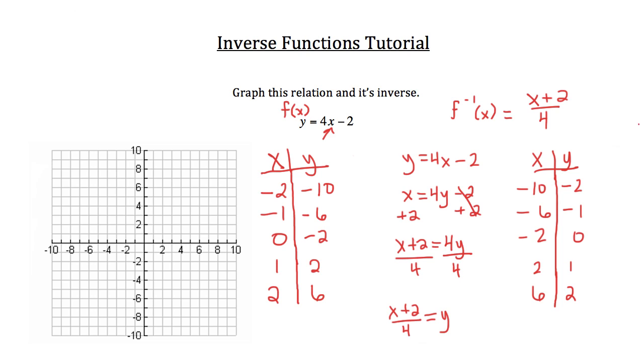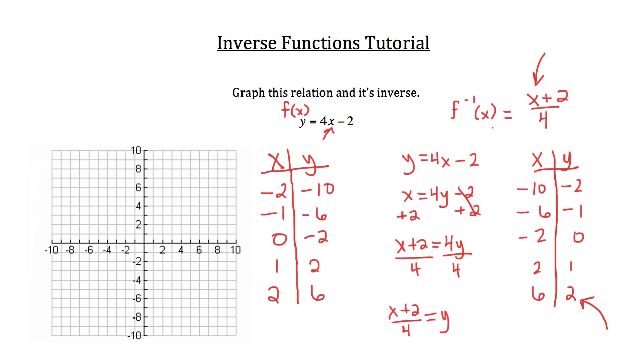And if you don't believe me, let's plug one in. Why don't we plug in 6 for this x-coordinate right here? 6 plus 2 is 8, and 8 divided by 4 is 2. It's going to work with every one of these coordinate points, because we know that we have that function correct.